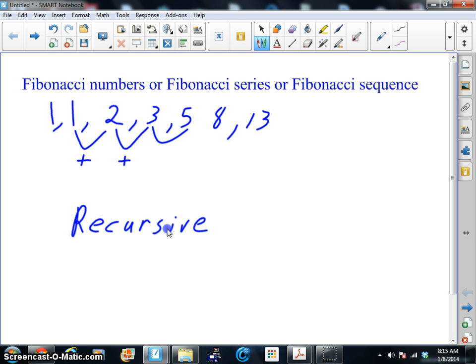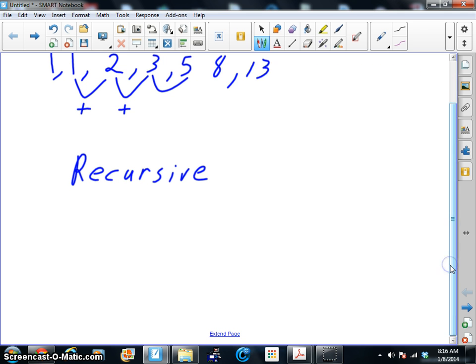Linear equations can be expressed in recursive algorithms, but there are also some numbers and things that are very difficult to express iteratively rather than recursively. We won't be working with those for a little while, but we'll see that.